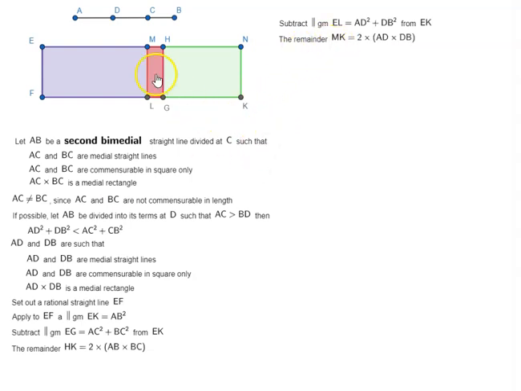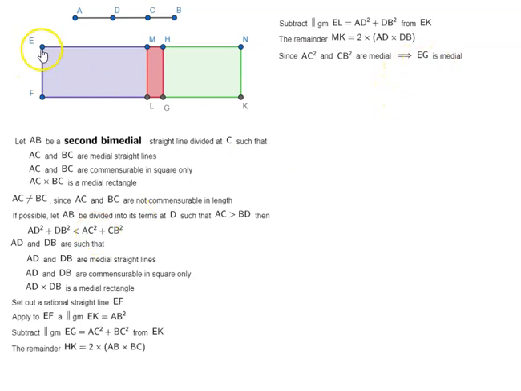That means the remainder MK is equal to 2 times AD by DB. Remember, EK is equal to AB square, which can be written as AD square plus DB square plus 2 times AD by DB.